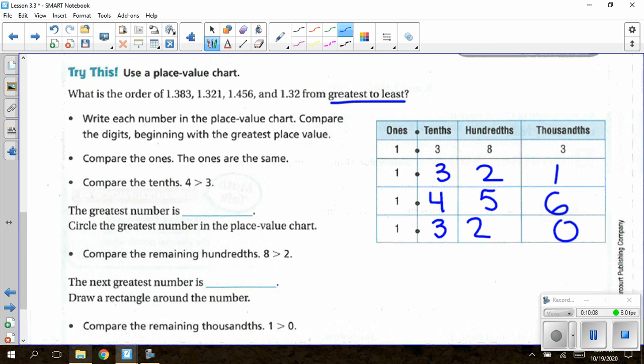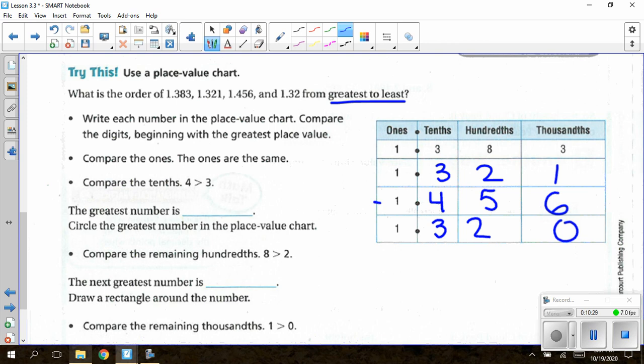So now we can start comparing, and I noticed that all of them have a 1 in the ones column. So I now have to look at the tenths place. 3 of the 4 have a 3 as their tenths digit, but one of them, the third one down, has a 4.